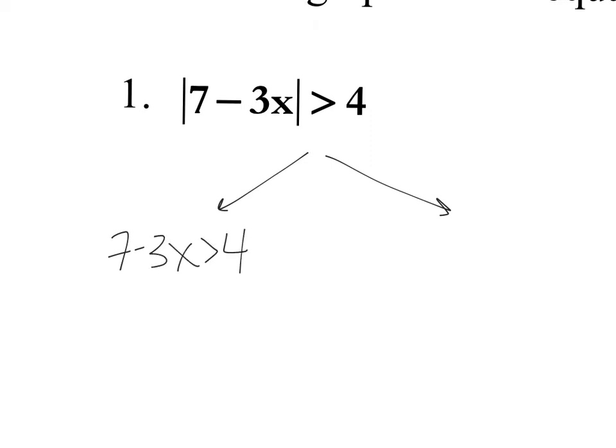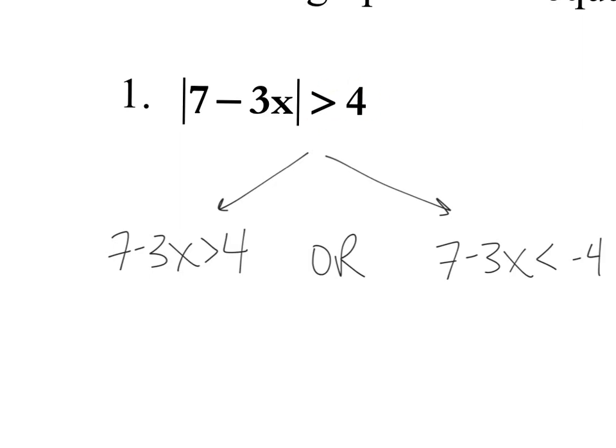But since this is a greater problem, I'm going to write the word or in the middle. And I'm going to keep the absolute value part the same. And yes, I'm going to use a -4, but I'm also going to flip my sign. Okay, and then these two inequalities are all I have to solve, and then I'll graph it and write my answer in interval notation. And this is how you're going to do every single greater than question.